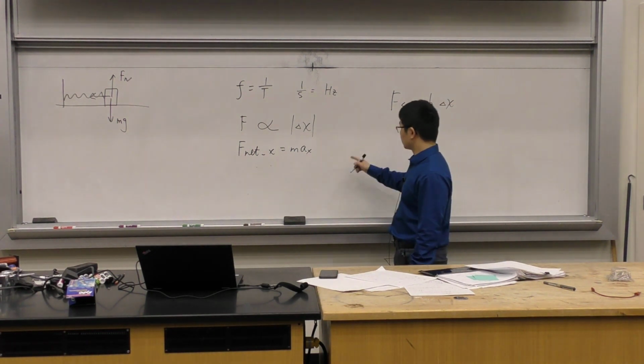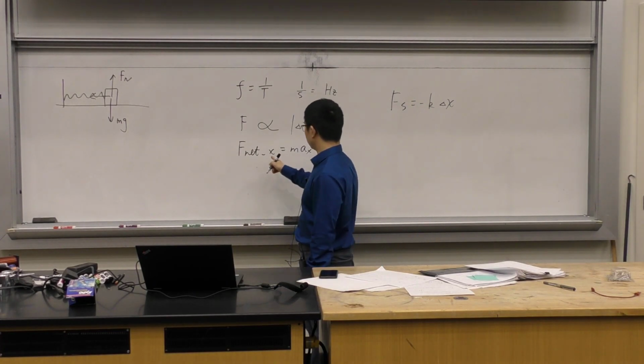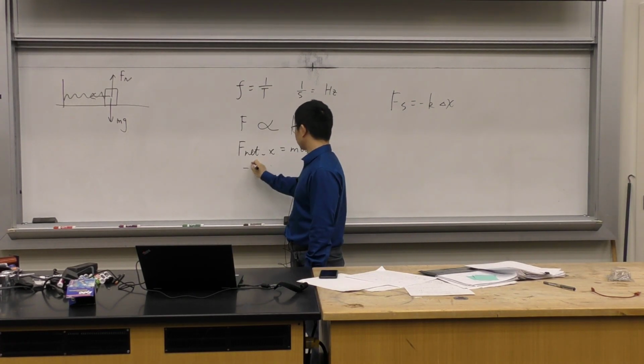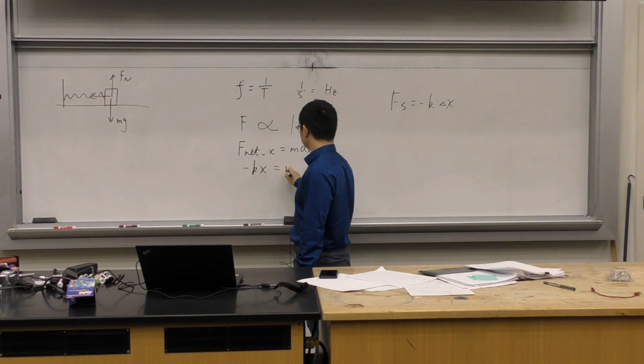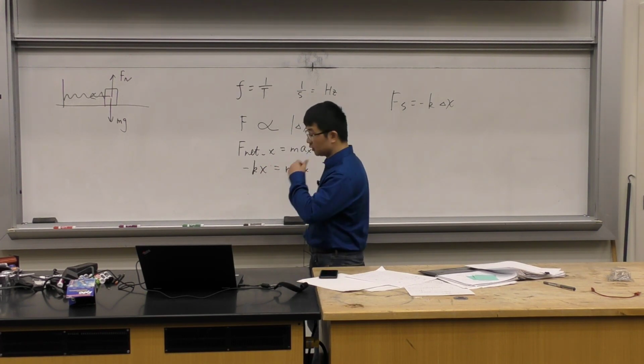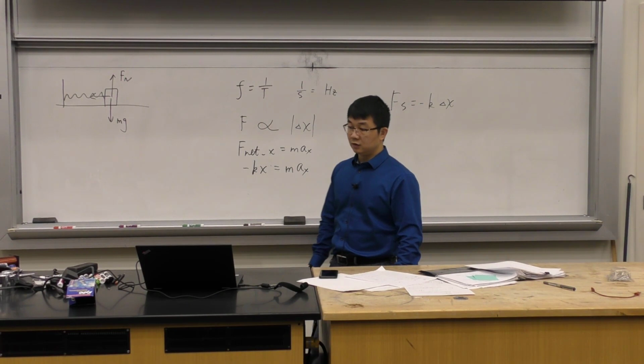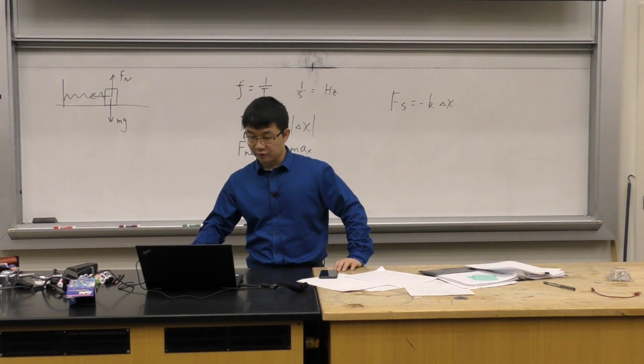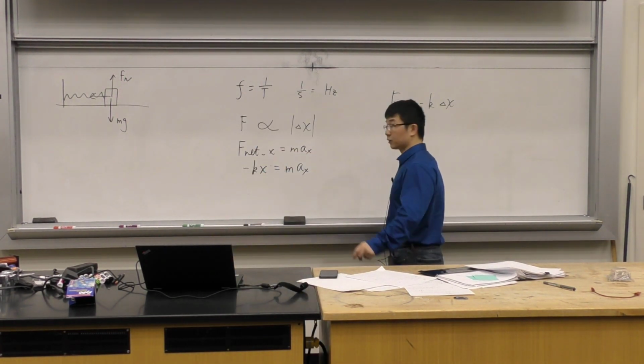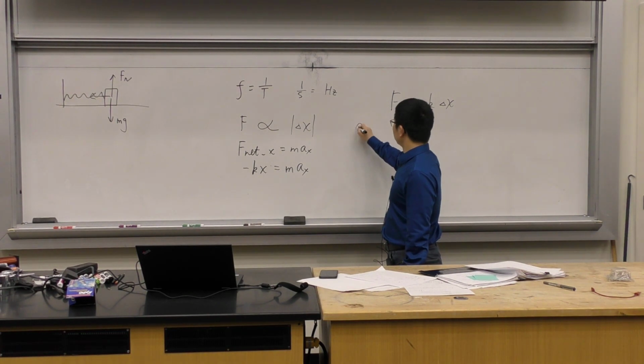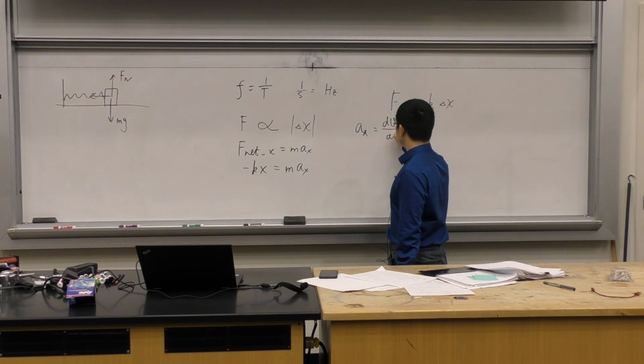If you connect them, the net force on the left-hand side is just going to be negative kx, and this is ma. Now I'm going to make use of the definition of acceleration. Now I'm going to do derivatives, okay? Acceleration equals dv over dt, right?